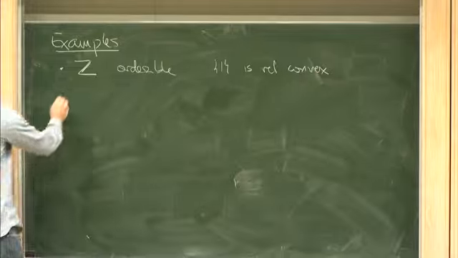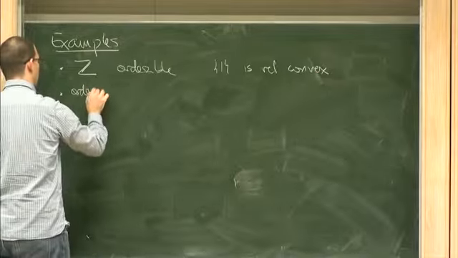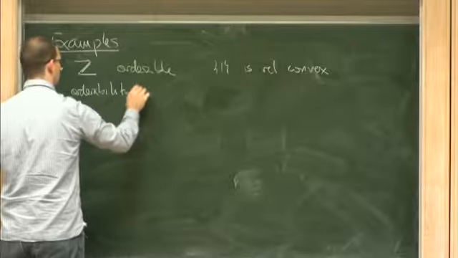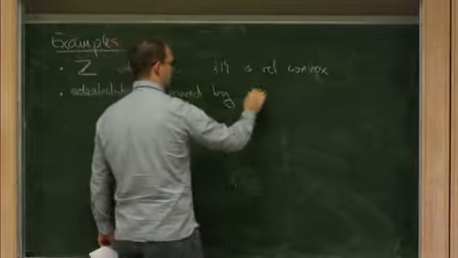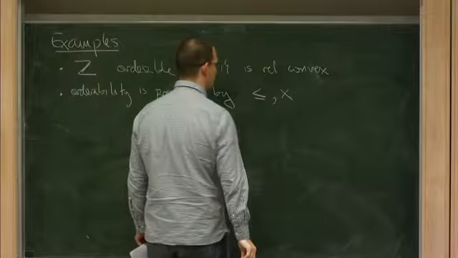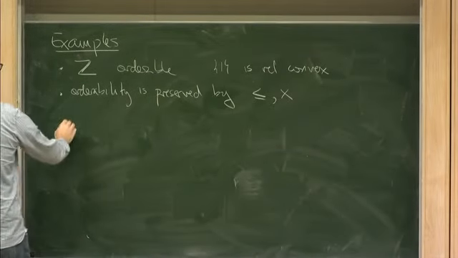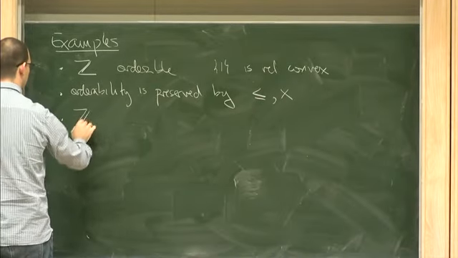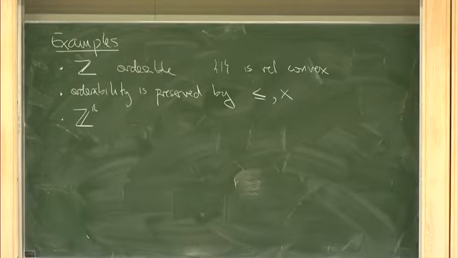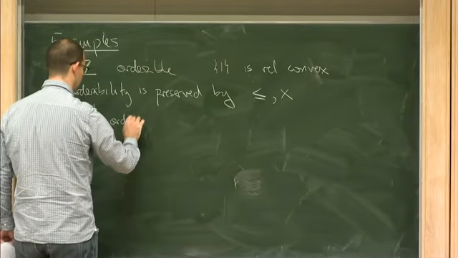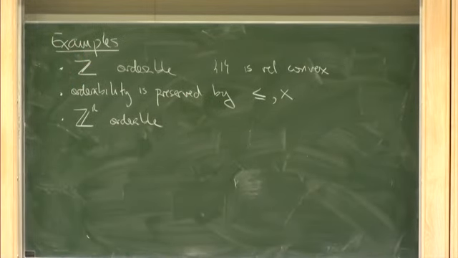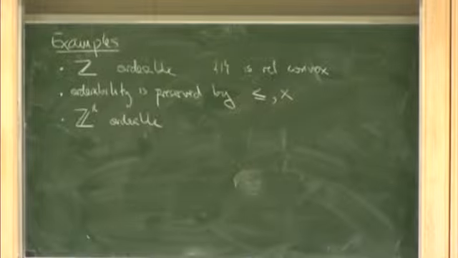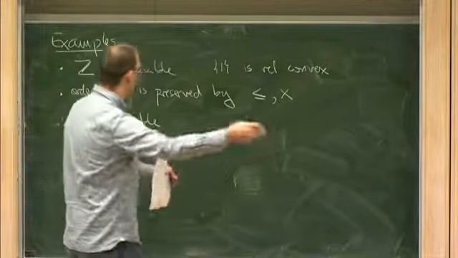And orderability is preserved by subgroups and direct products. So you can see that then you have that Z to the n is orderable. Subgroups is clear, you just restrict the order. Direct products, you order each of the factors, and then you put the lexicographic order.